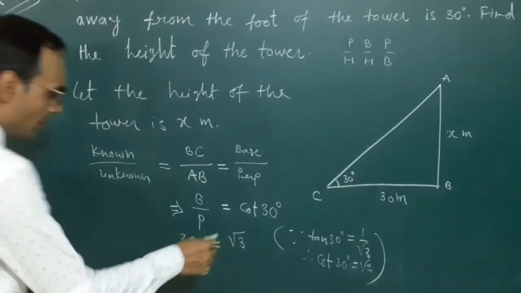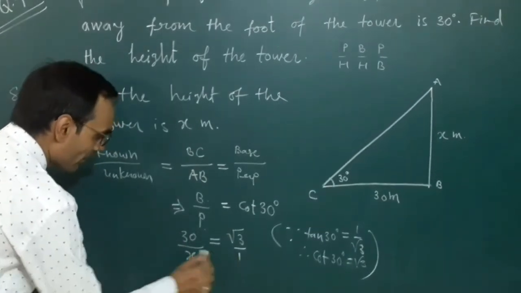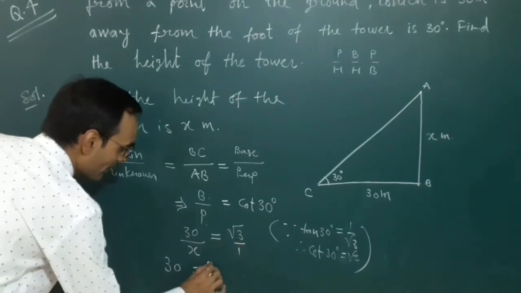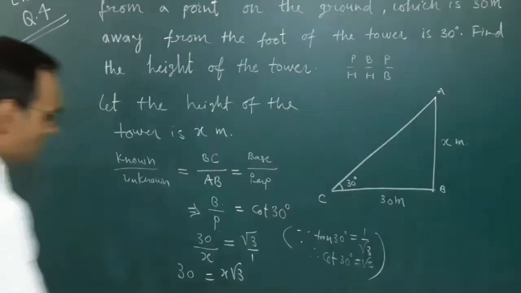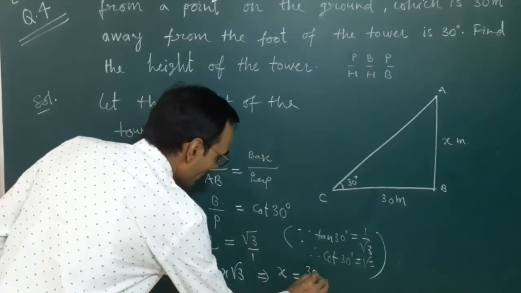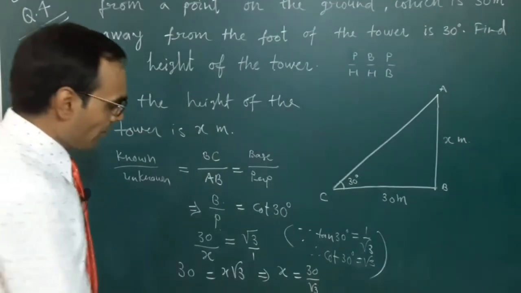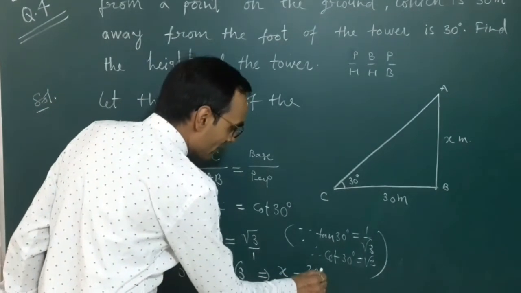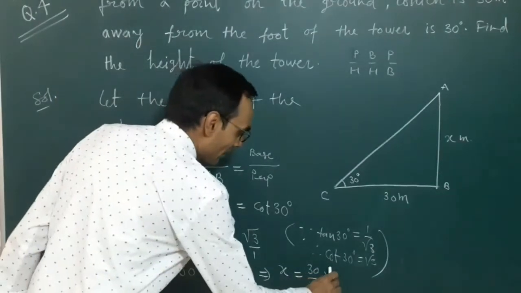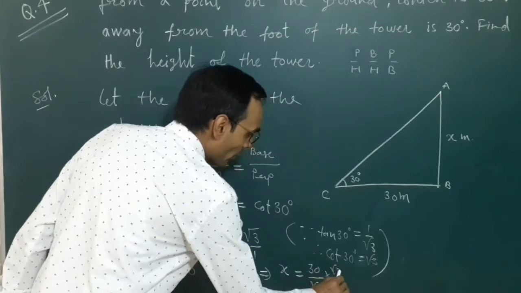And now on simplification, taking 1 below, cross multiplying we get 30 equal to x into root 3, that is x root 3. So we get the value of x equal to 30 by root 3, and we must simplify, because root 3 is coming in the denominator. So multiply by root 3 in the numerator and denominator.